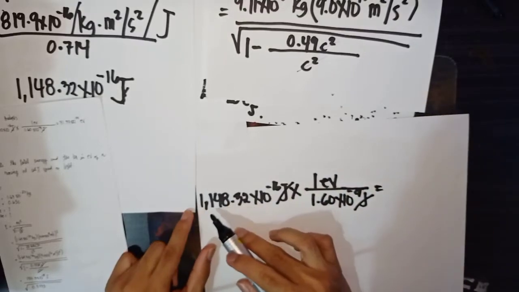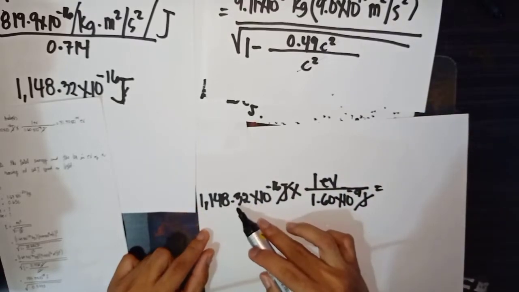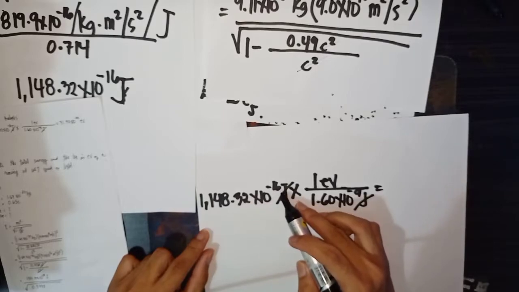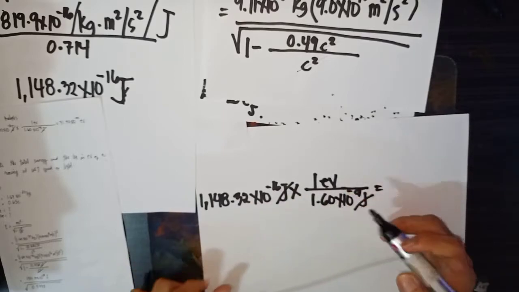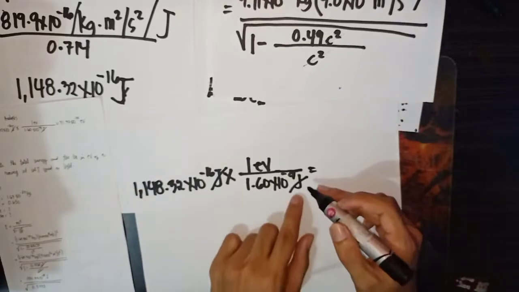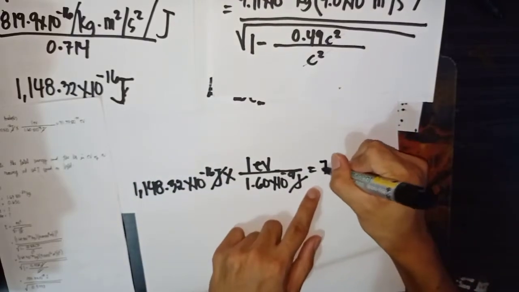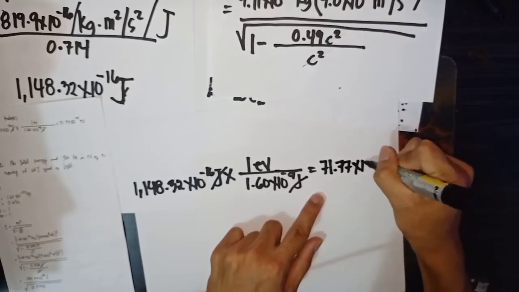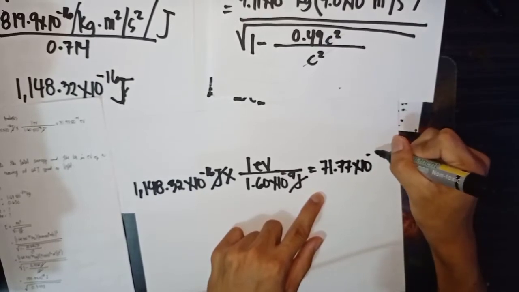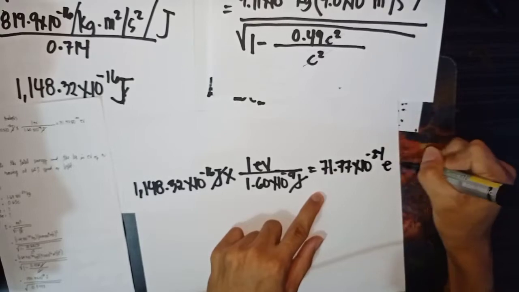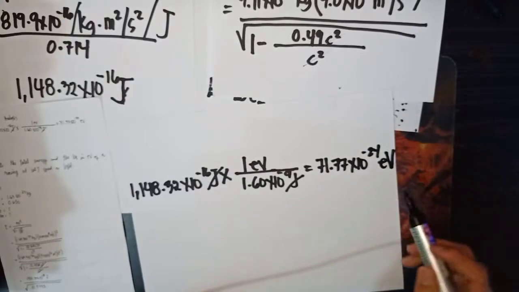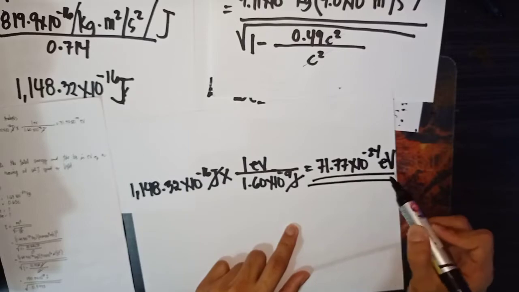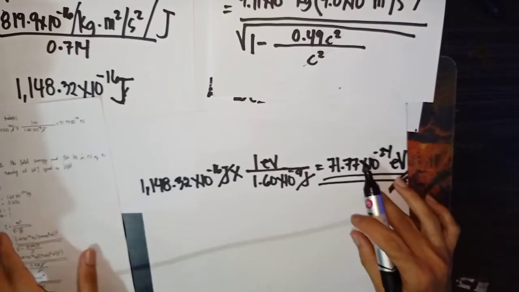We have 1148.32 times 10 raised to the power of negative 16 times 1 divided by 1.60 times 10 raised to the power of negative 9. We got the answer of 71.77 times 10 raised to the power of negative 24 electron volts. So we now have our answer to the first problem.